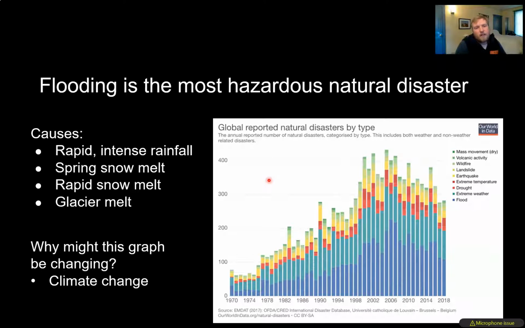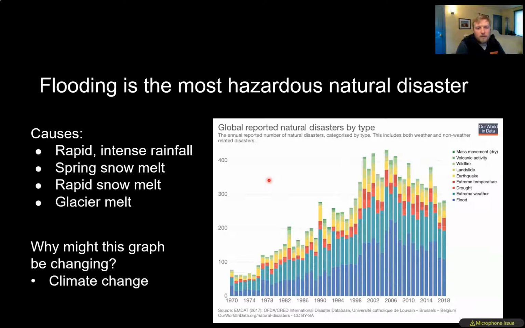But what else can cause this kind of natural disaster is if you have a lot of snowfall, which is like a dense storage of frozen water, and then you rapidly melt it, you can send a wave of water downstream. And in a lot of alpine environments around the world, we have glaciers, and they are constantly melting and supplying water to rivers.